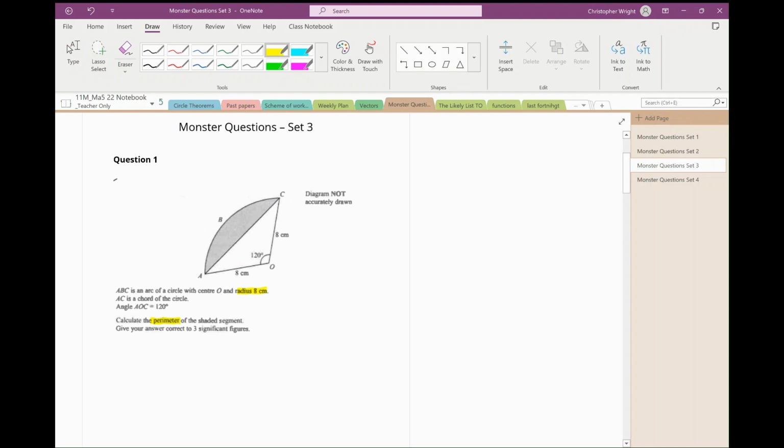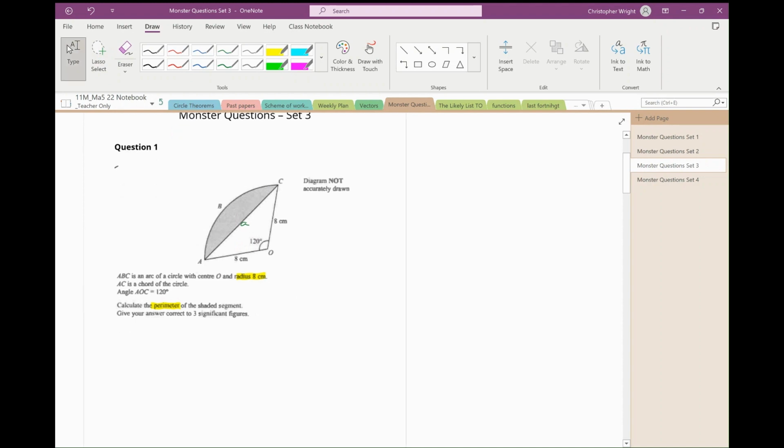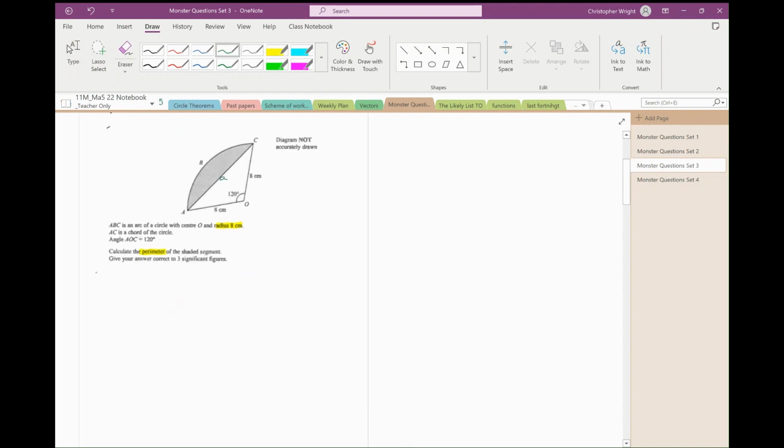Right, so this is made up of two parts. The first part is the straight line, the chord AC. I'll call that a, and I'm going to use the cosine rule to find its length. So a squared equals b squared plus c squared minus 2bc cos 120.